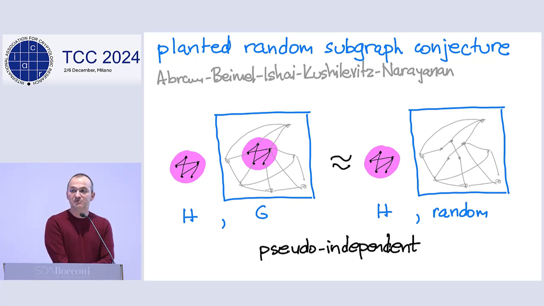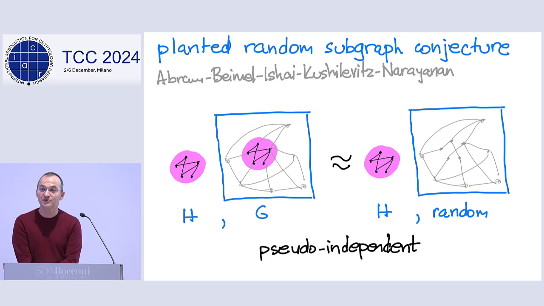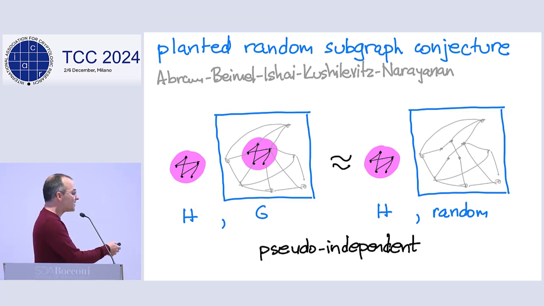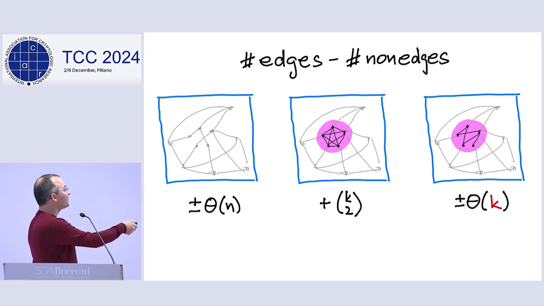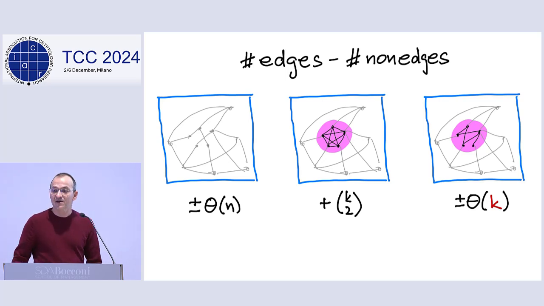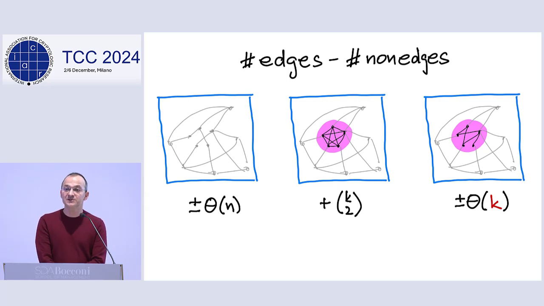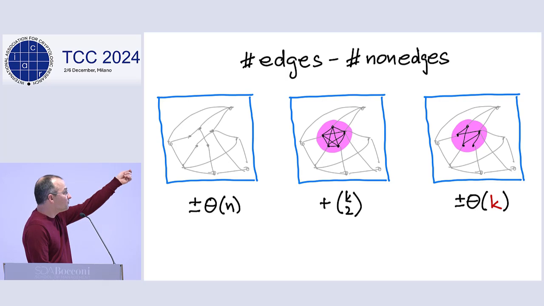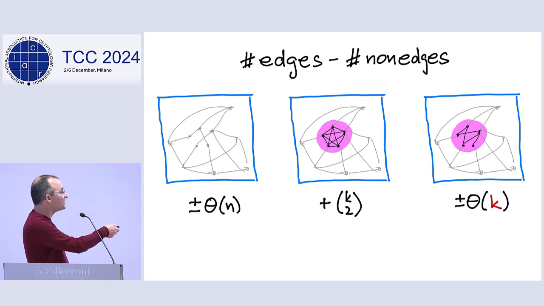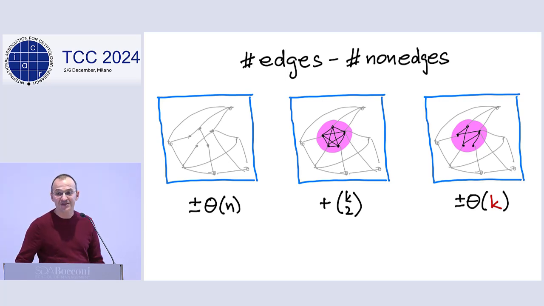The intuition comes precisely from this kind of reasoning that you do when you do low-degree calculations. You can think about it this way: I have a random graph, and now I plant a clique inside it. How would I distinguish these two? Well, I would distinguish by counting edges. To be able to distinguish with good advantage, I need to have a large discrepancy in the number of edges here and the number of edges here.